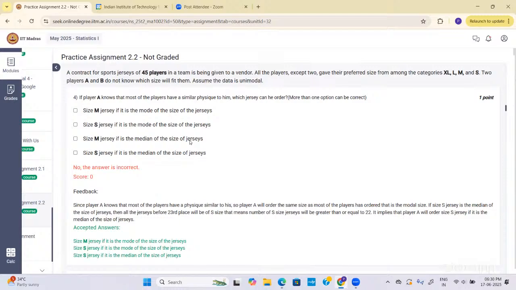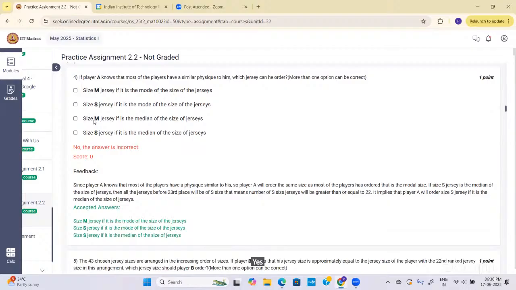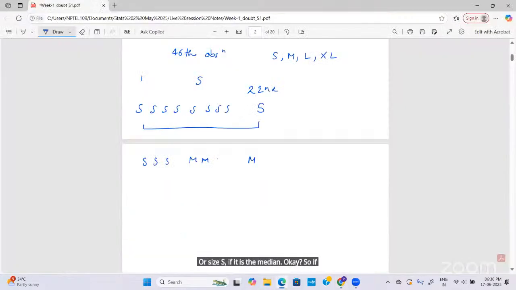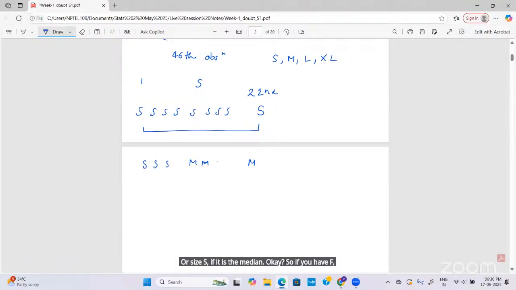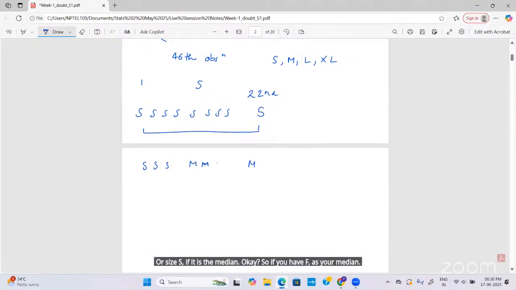Ma'am, can you just explain these last two options again, please? Yes. The last option is saying that size M if it is the median, or size S if it is the median. If you have S as your median, these are your categories, first of all.